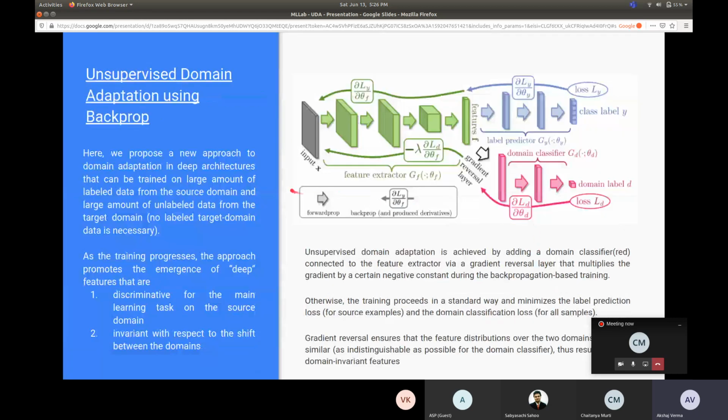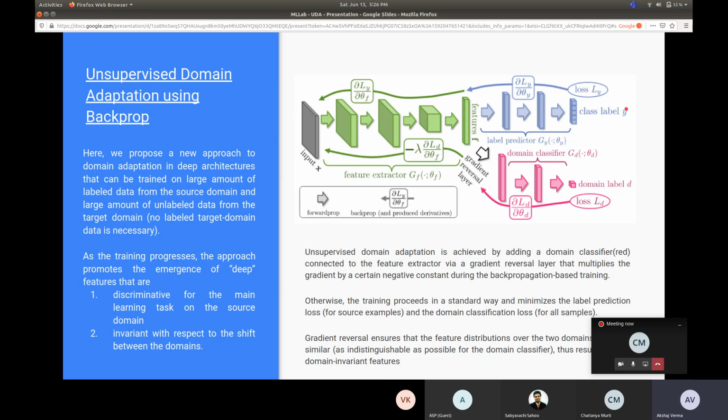If your batch size is 8, let's say, you pass 4 labeled images and 4 unlabeled images. All of them go till here, and they generate a feature vector. Now this feature vector is passed into two different heads. One head is your domain classifier, the other is your regular class classifier.